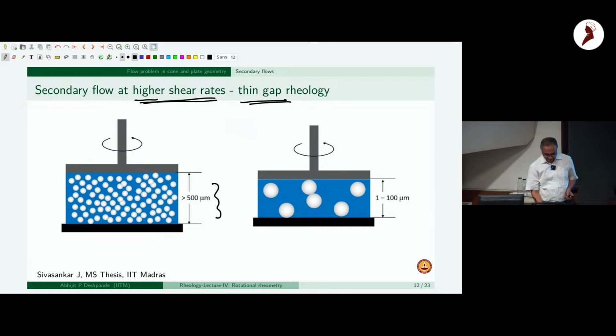But when you start looking at narrower gaps, then you are completely measuring systems with a monolayer or bilayer of particles. And then the effects that arise due to this confinement will dominate. And so clearly you will have to be more careful while analyzing thin gap rheology whenever you have such a situation.